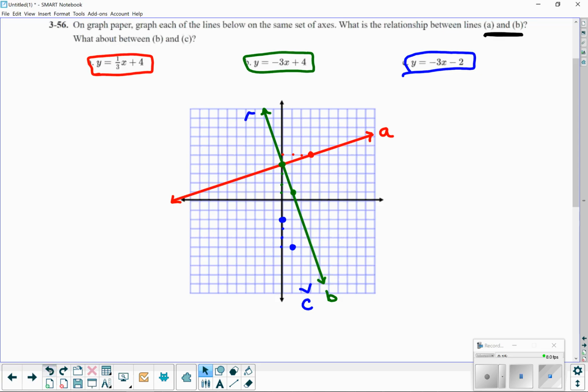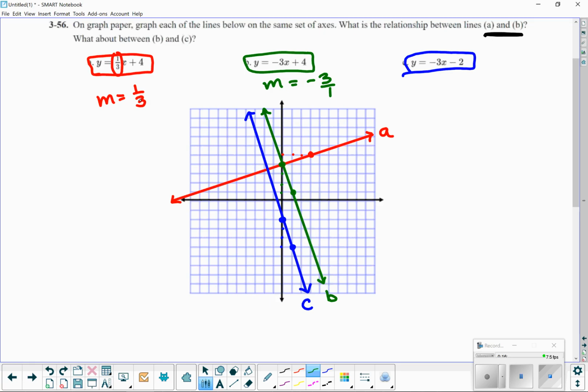To double check it, all you have to do is look at the slope. The slope of the red is 1/3, or m equals 1/3. And for the green, the slope is -3/1. So first thing to check if something's perpendicular is, are they opposites? Is one positive, one negative? That's a yes. Second thing is, are the fractions flips of each other?